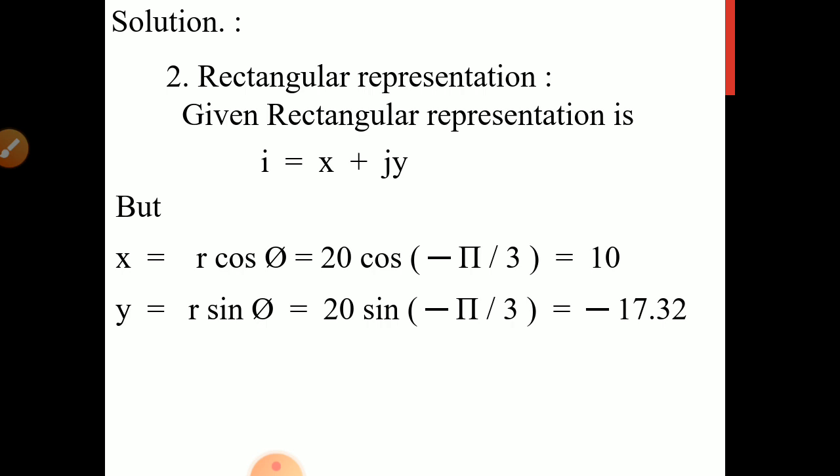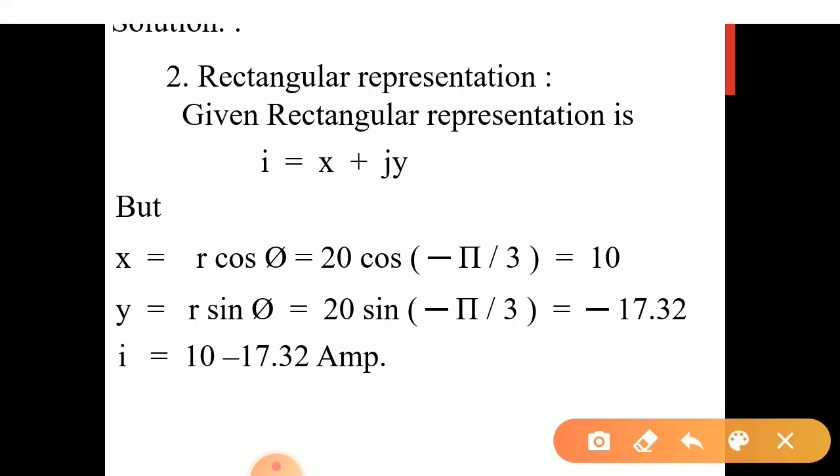So write down the equation in rectangular form, that is I equals x minus j. Answer is 10 minus j 17.3. Here j is missing.